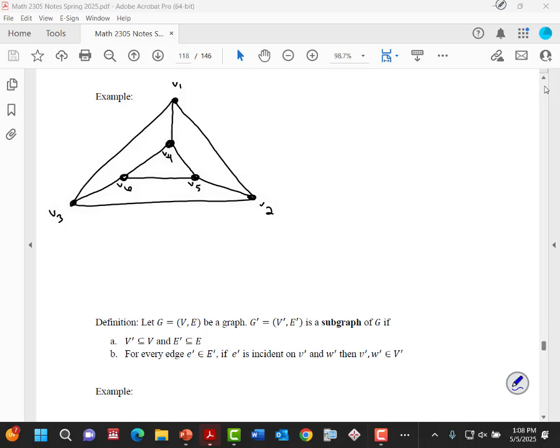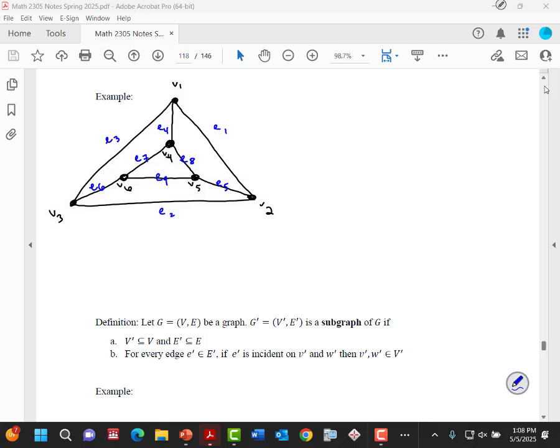And I'll switch colors for the edge set. So we'll call this E1, E2, E3. We'll call this E4, E5, E6. And we'll call this E7, E8, and this edge right here, E9.